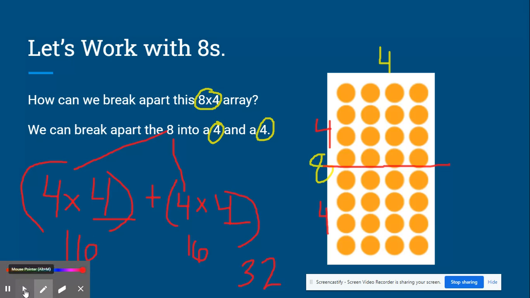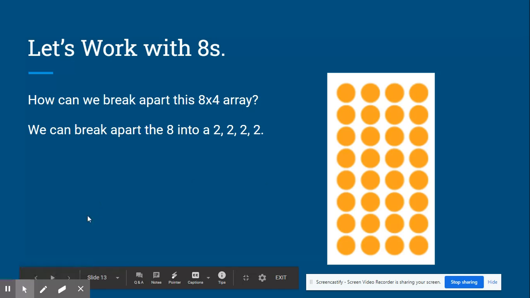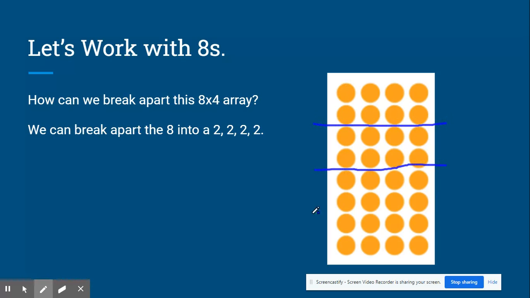All right, so now we're going to move on because there is, believe it or not, another way you can break apart eights. So the second way is actually by looking at this as a 2, another 2, and another 2. I know you guys are probably like, what, Mrs. Bushy?